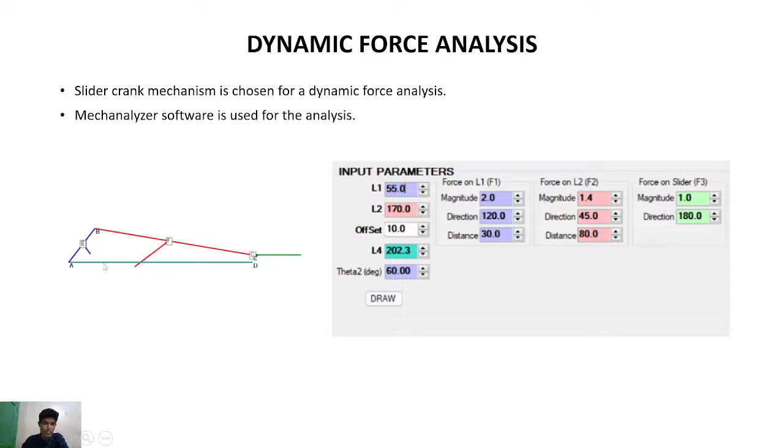Theta 2 is the angle of the crank that you have to assign. A force of 2 Newton is assigned on the link L1, a force of 1.4 is assigned on the link L2, and the force on the slider is taken as 1 Newton.